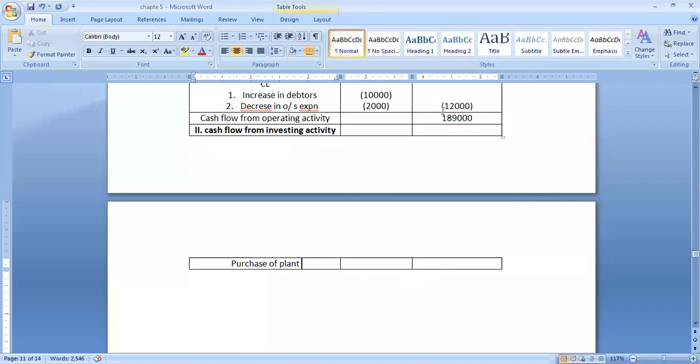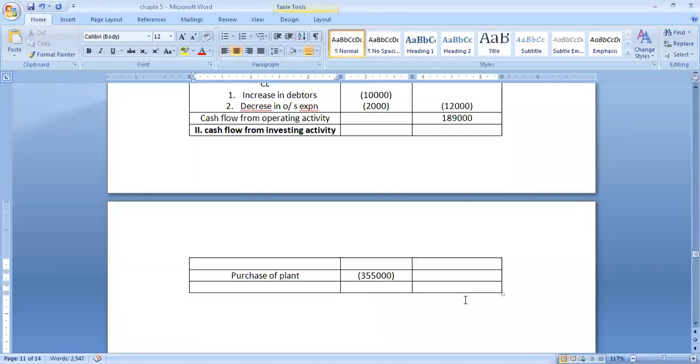The purchase of plant value is 3,55,000. Okay, and take the sale of plant as well. Okay, the sale of plant is given as 8,000.